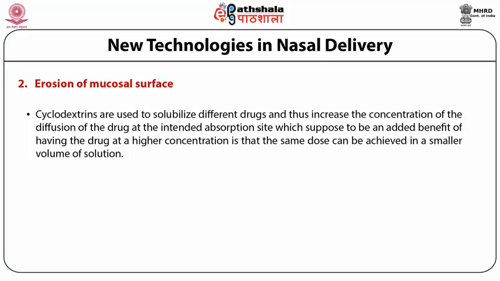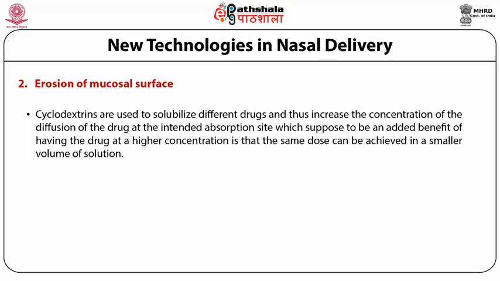Cyclodextrins are used to solubilize different drugs and thus increase the concentration of the drug at the intended absorption site, which is an added benefit, and this at the same dose can be achieved in a smaller volume of solution.